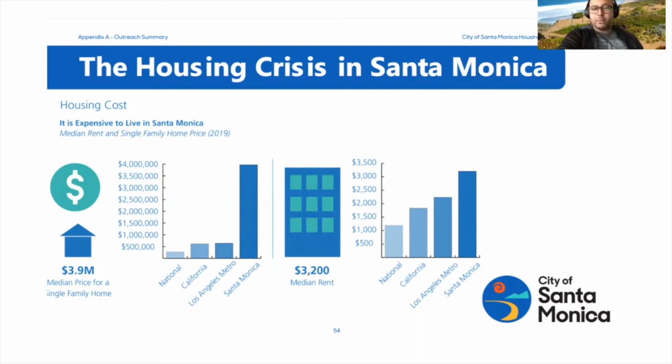So if you are paying $3,200 a month in rent, if you're exactly right on that 50%, and we use that 30% income standard, where you don't pay more than 30% of your income for housing, you need to make $10,666 a month or $120,000 a year to avoid being cost burdened in your housing. $120,000 a year to avoid cost burden when you are a renter in Santa Monica. Next slide, please.